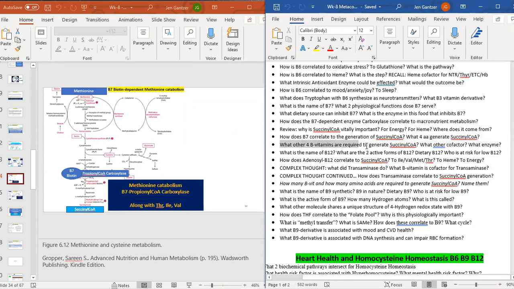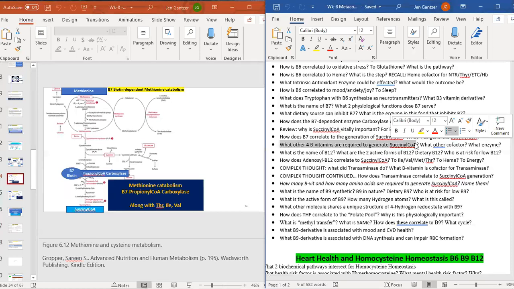What are the 4 B vitamins that are required? Ooh, now that's a layer, isn't it? Guess what? Branched chain keto acid from last week required B1, B2, B3, B5 and alpha lipoic acid. What's it called? Branched chain keto acid dehydrogenase.